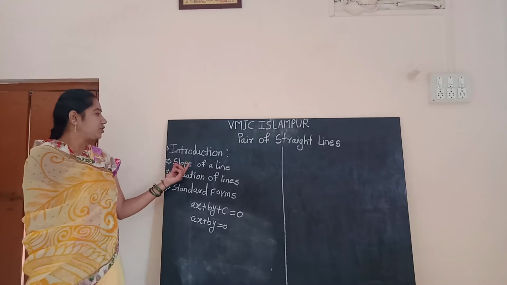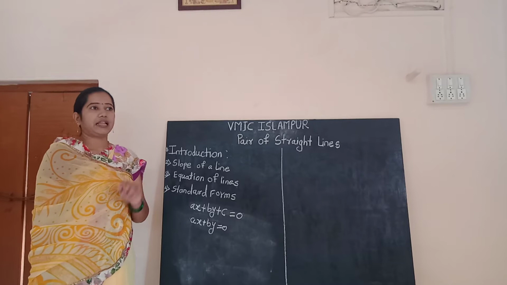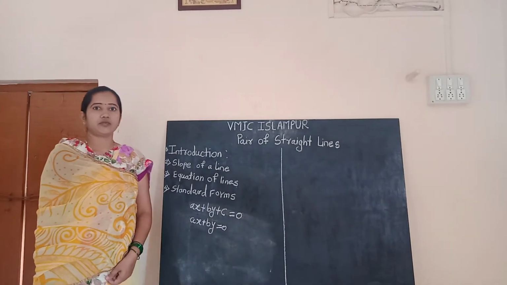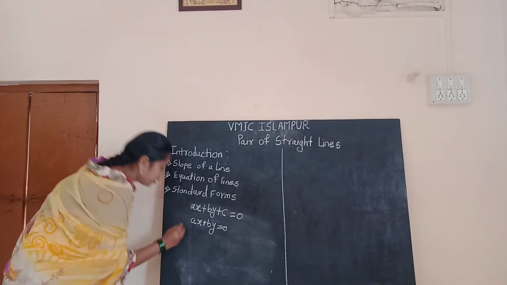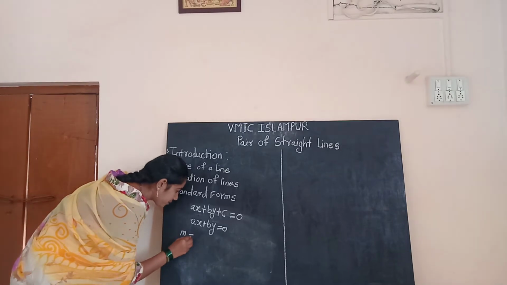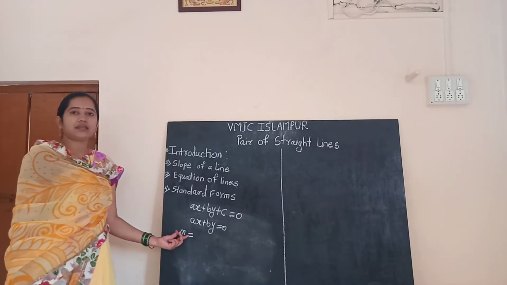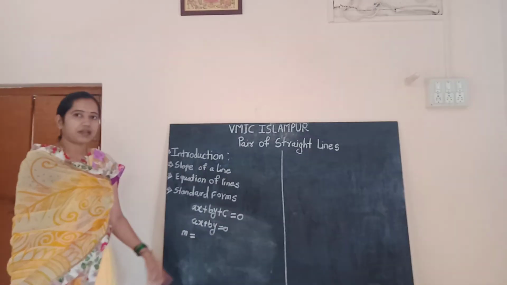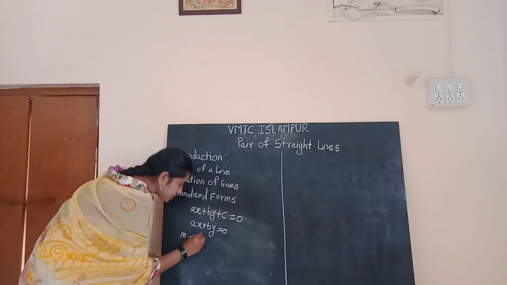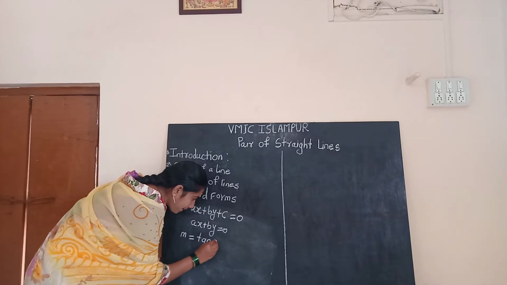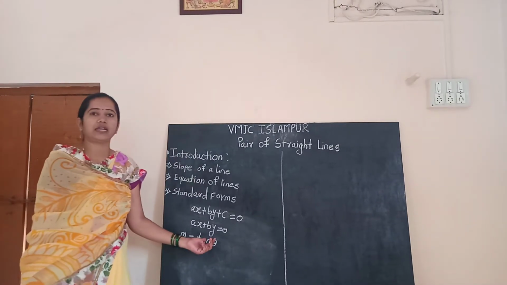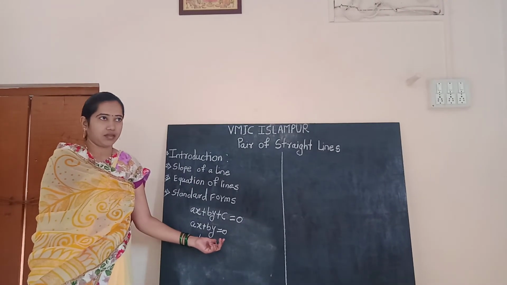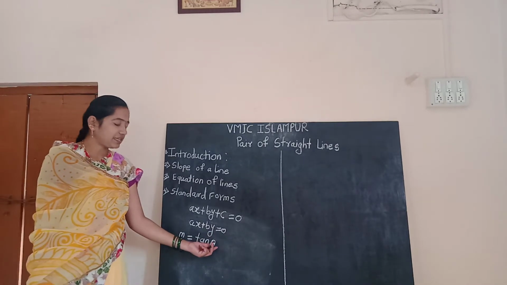Next, slope of a line. We calculate the slope of a line by using two formulas. m is denoted as the slope of a line. Then the slope of a line is m is equal to tan theta when the inclination of a line is given.